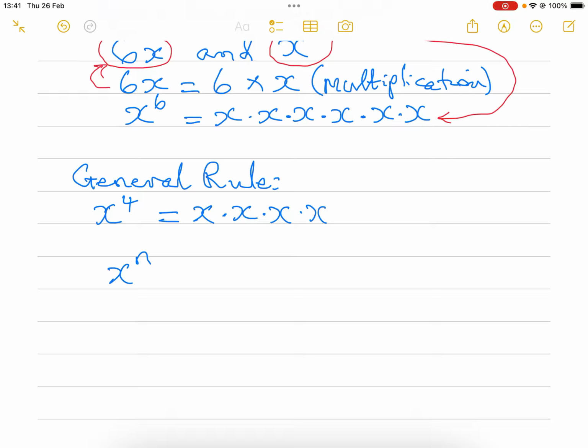Now, instead of 4, let us write x raised to power n. This n could represent any number. When the power or the index is n, it means x multiplied itself n times.